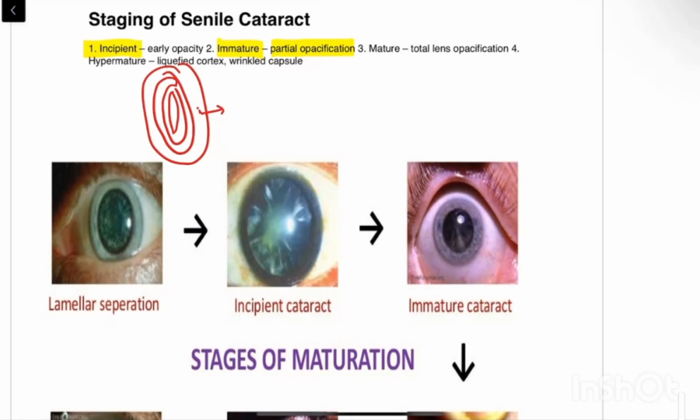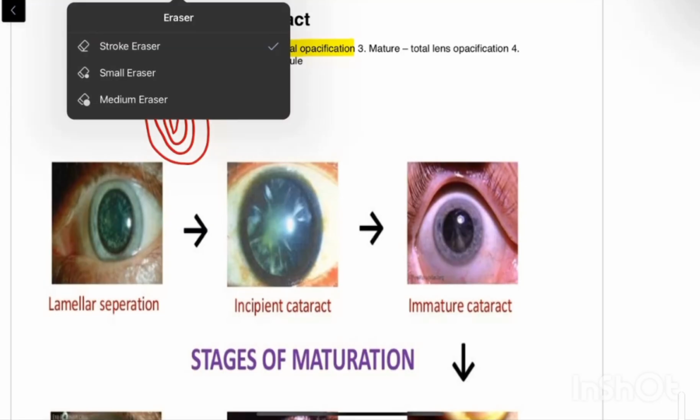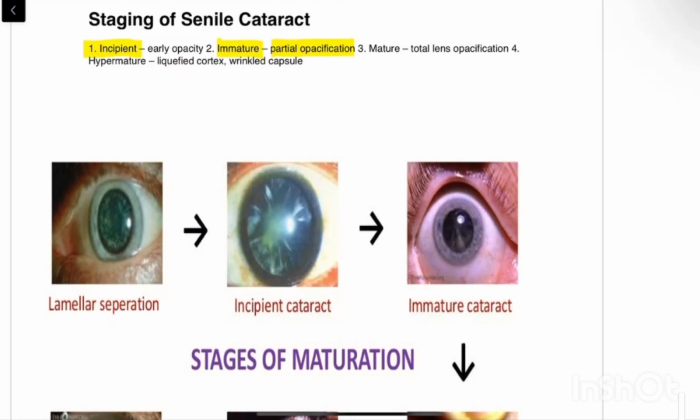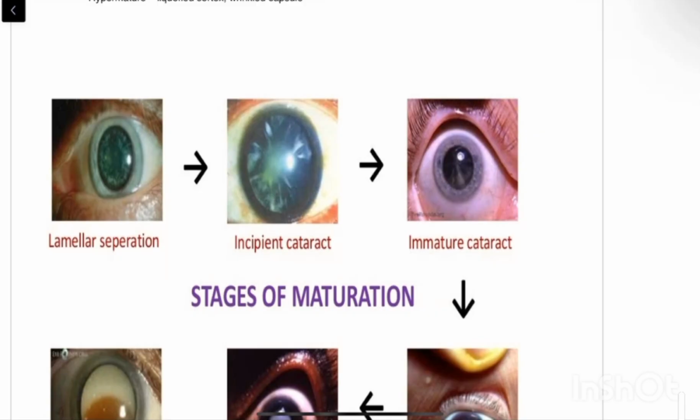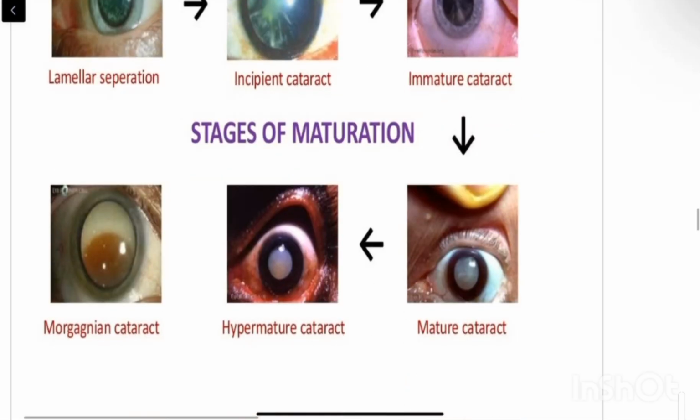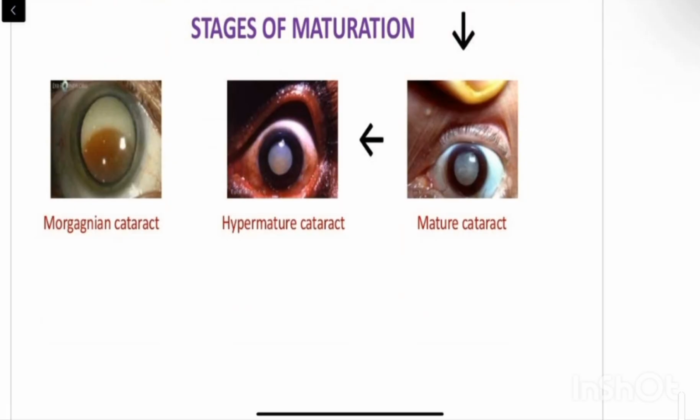After the lens has developed into a mature cataract, if the patient has not sought medical advice or has not taken treatment, it can develop into a hypermature cataract, and then it can become Morgagnian cataract also.